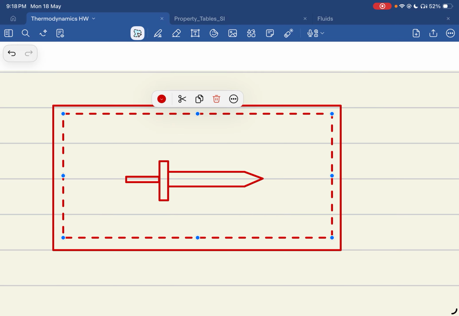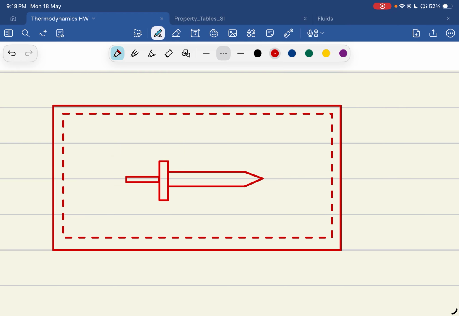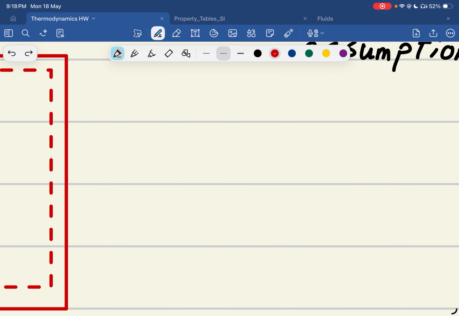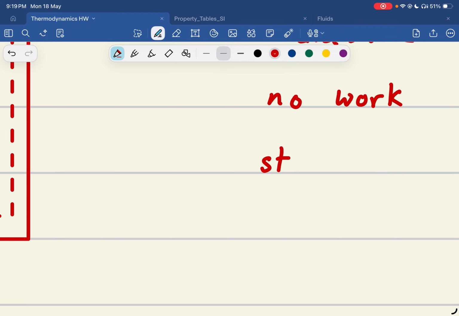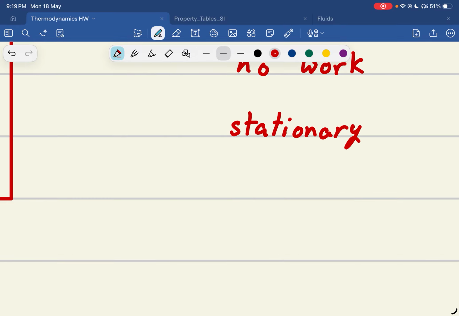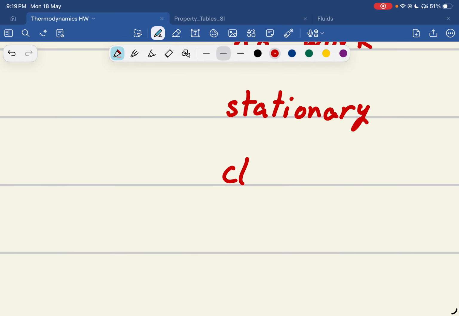We know there's heat going from the sword to the water, but it's not crossing the boundary, so we can assume that the system is adiabatic and there is no work. We can say it's stationary, and since we're not adding any more water, it's a closed system because the mass isn't changing.